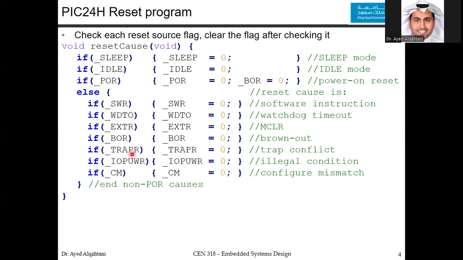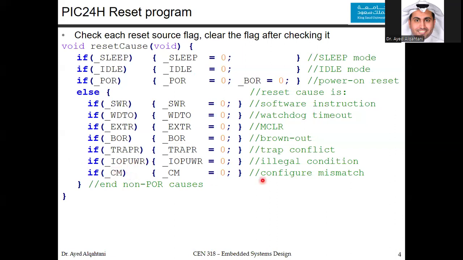We have the trap, that is, if you have a trap conflict. One famous problem is dividing by 0. If you have a problem like this, it will assert this flag. And we have the IOPUWR, that's the illegal condition, if you have an illegal condition.